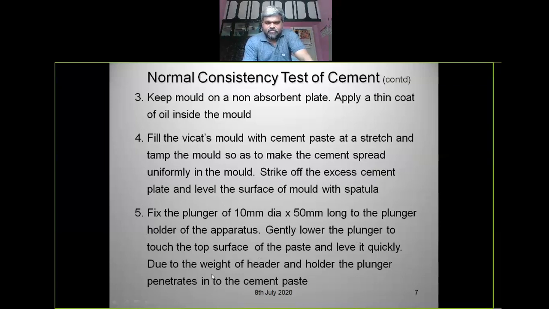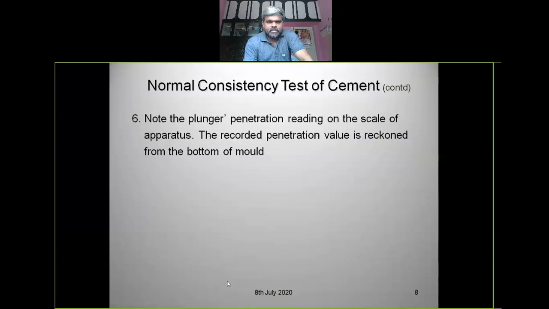Due to the weight of the holder, the plunger penetrates into the cement paste. Note the plunger penetration reading on the scale of the apparatus. The recorded penetration value is reckoned from the bottom of the mold. Remove the plunger and paste from the mold.